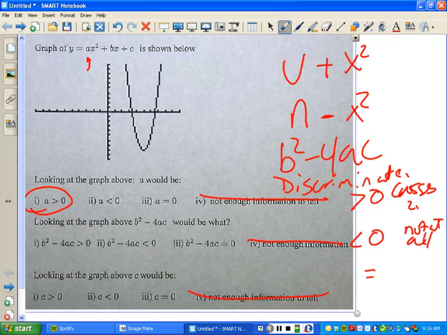And if it's equal to 0, then it crosses once. How many times does this graph cross the x-axis? Twice. So what does that tell me? b squared minus 4ac is greater than 0.